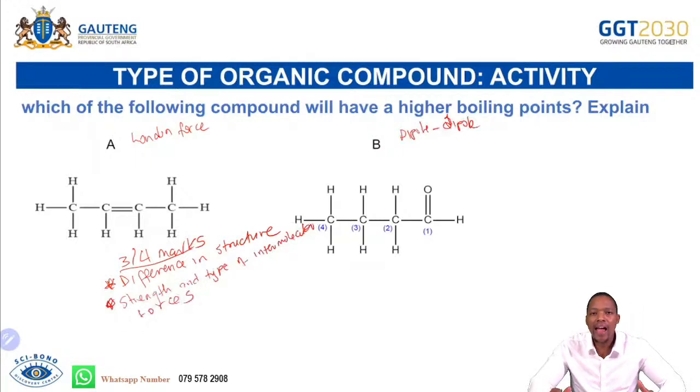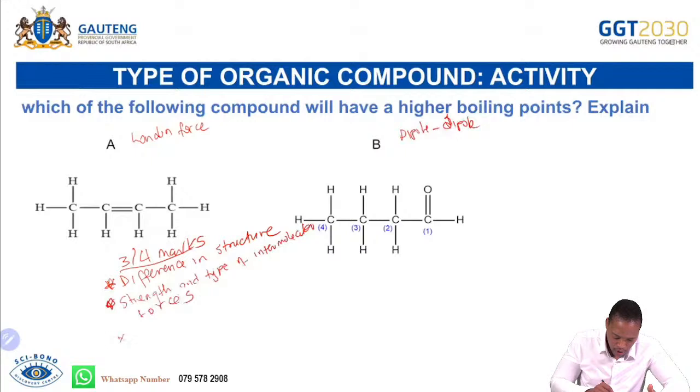To say which one will have stronger intermolecular forces, because that's the one that should have a high boiling point. Which one will have the stronger intermolecular forces, and what are those intermolecular forces that I'm talking about? So I must mention the strength, and then I must mention the type of the intermolecular forces.